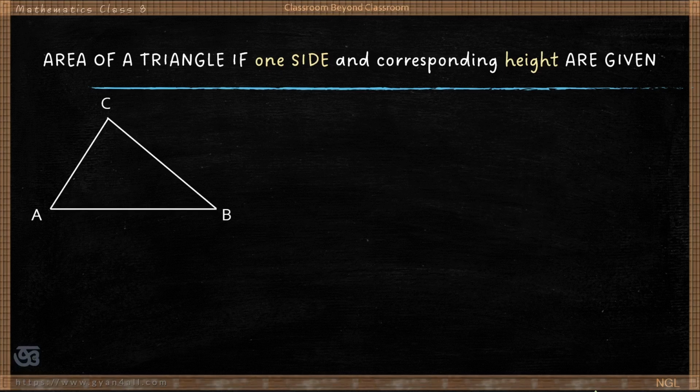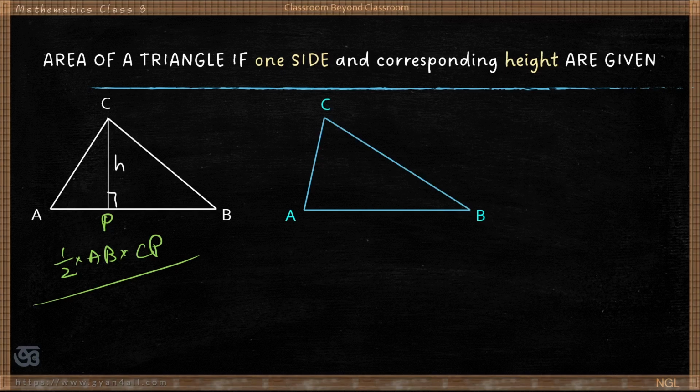So if triangle ABC has a base of AB, then its altitude or corresponding height is CP, and therefore the area is equal to half into base AB multiplied by CP, the altitude or height of the corresponding base.